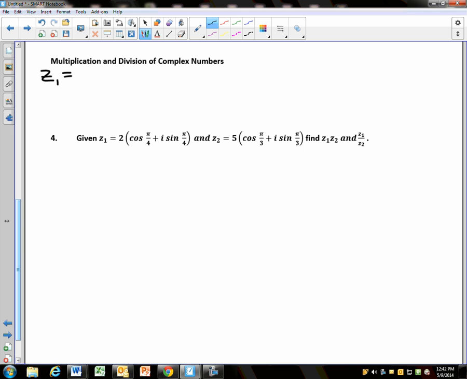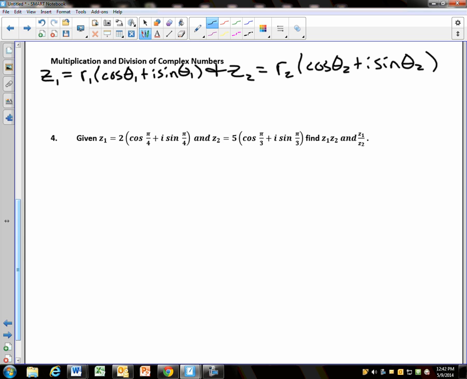Z1 equals R sub 1 times cosine of theta sub 1 plus I sine of theta sub 1. And Z sub 2 is equal to R sub 2 times the cosine of theta sub 2 plus I sine of theta sub 2.